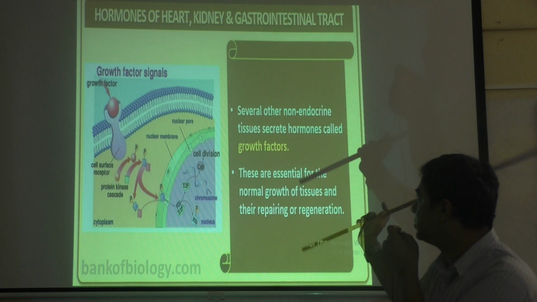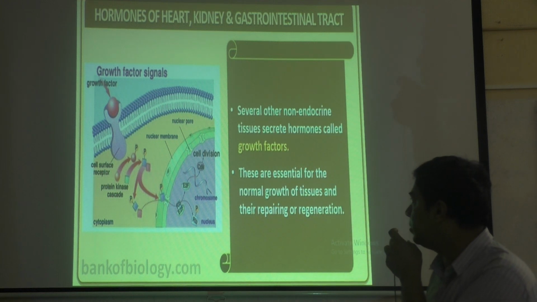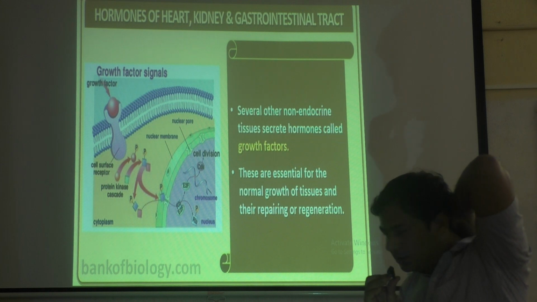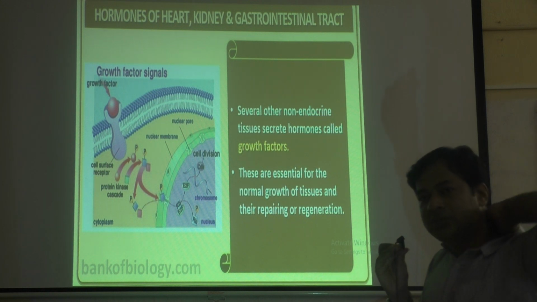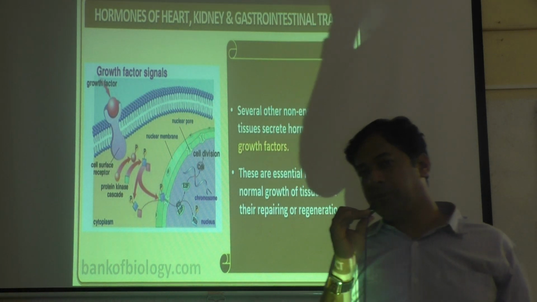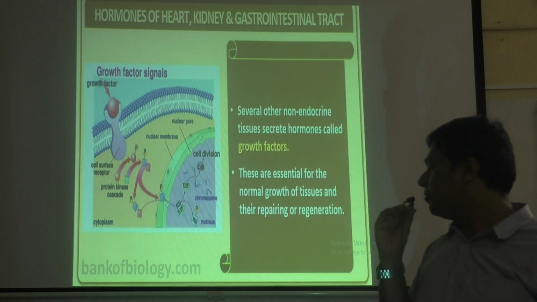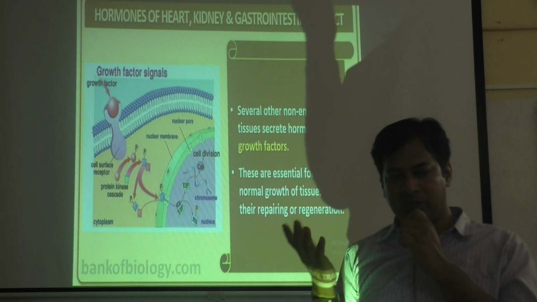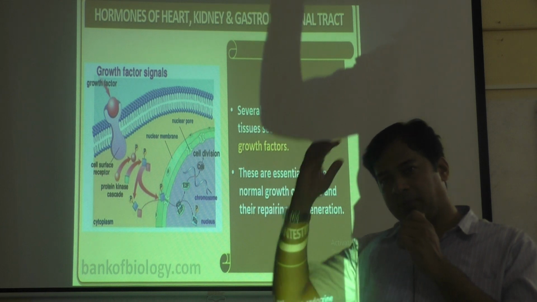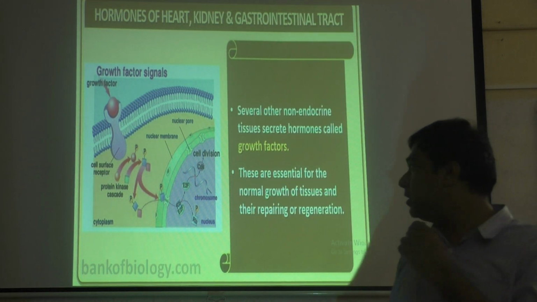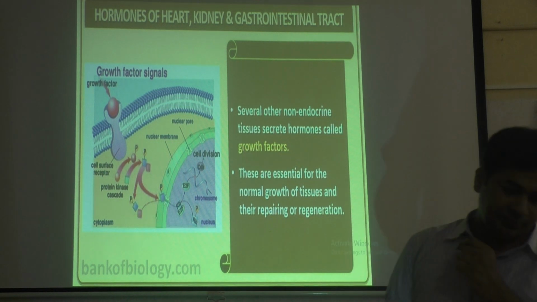Several other non-endocrine tissues also secrete hormones called growth factors. Why is it required? It is required for formation of new tissue in the place of damaged tissue, and for repairing or regeneration. If any organ or any tissue damages, repairing and regeneration will be done by these growth factors.